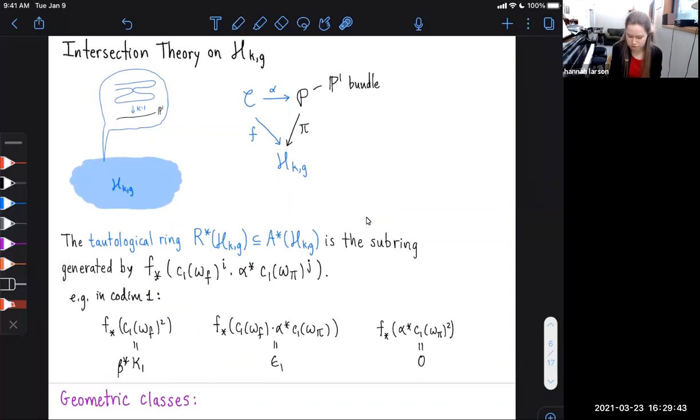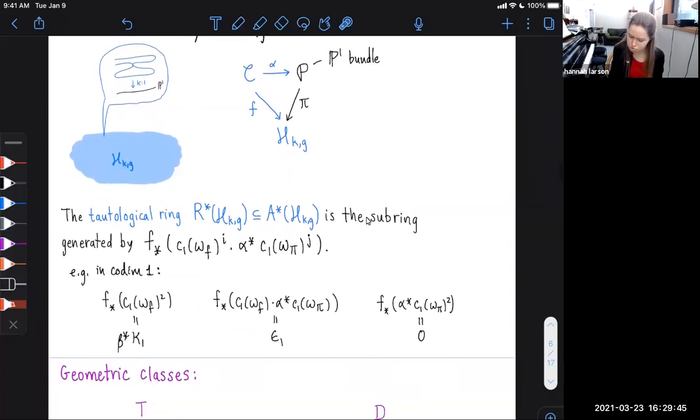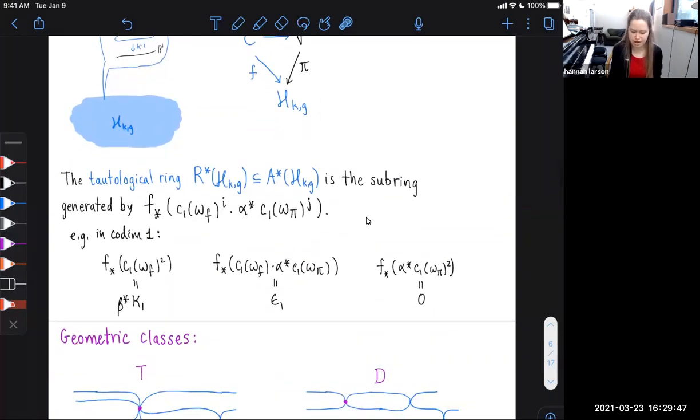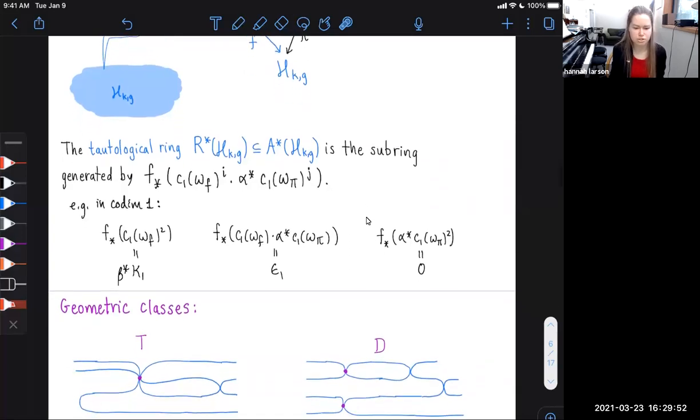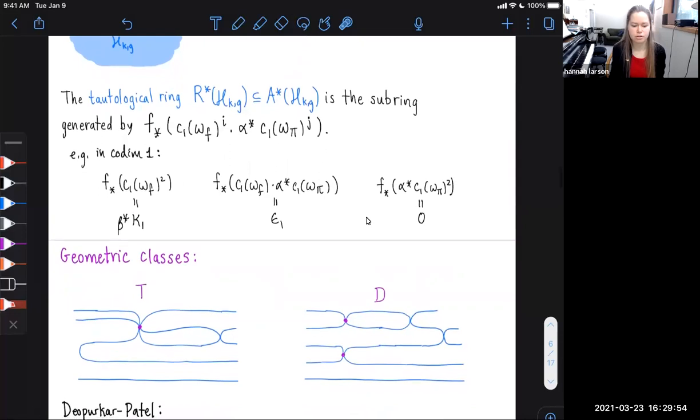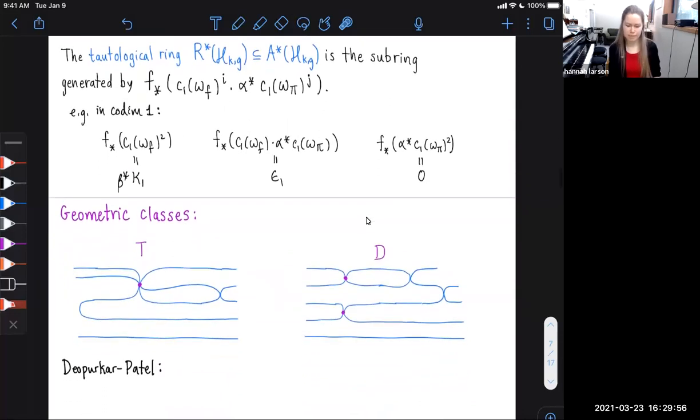Now, I also want to tell you about two other naturally defined classes on the Hurwitz space in codimension 1. And these have a rather different description. So these are the two ways for a cover to not be simply branched.